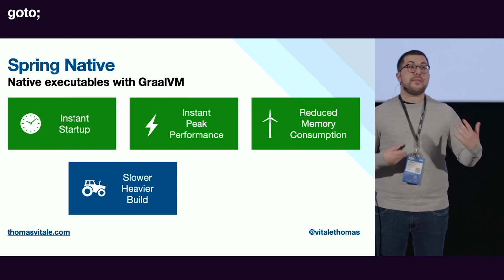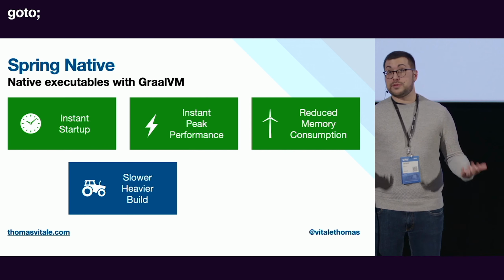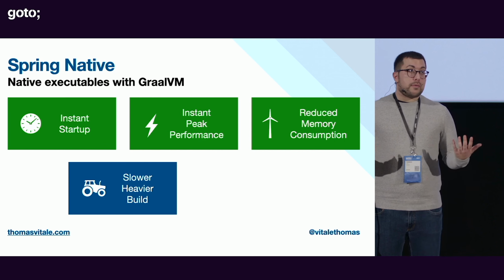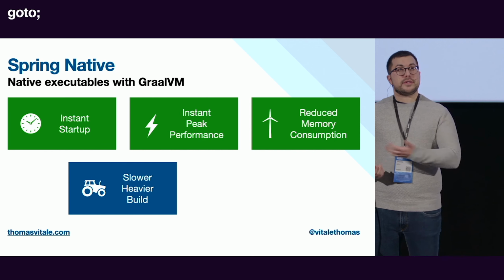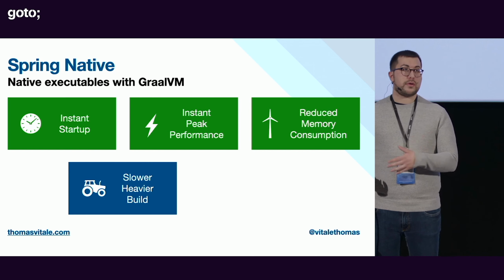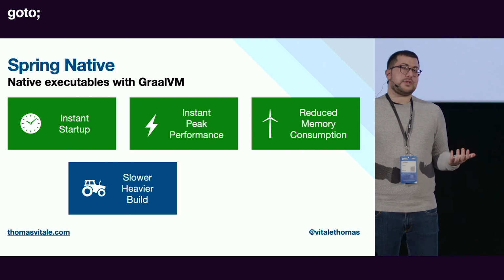It can take a minute or even 5 minutes depending on the resources on your computer. It consumes a lot of CPU, it's slow, and well, it's a good job for a CI server probably, but if you want to do it on your machine every time you need to containerize it, then maybe it's not that efficient. So it's just something to consider.